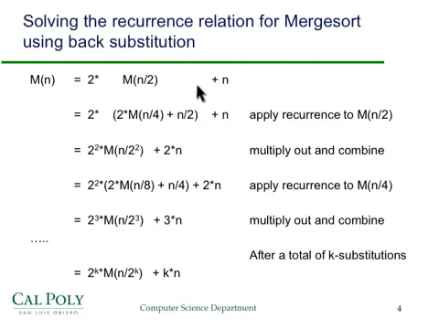We apply the recurrence relation. So this is the recurrence relation when the list is of size n. And then here's the key step to understand. What we're going to do is apply it again, but now to n over 2. This is the recurrence relation applied when the argument to merge sort is of size n over 2.